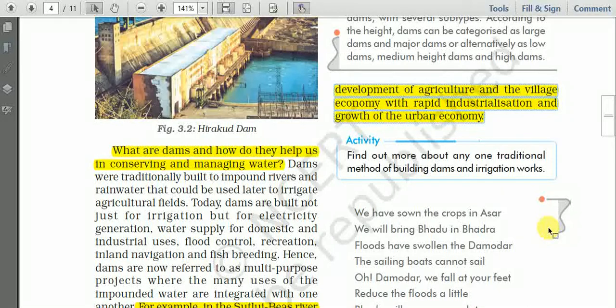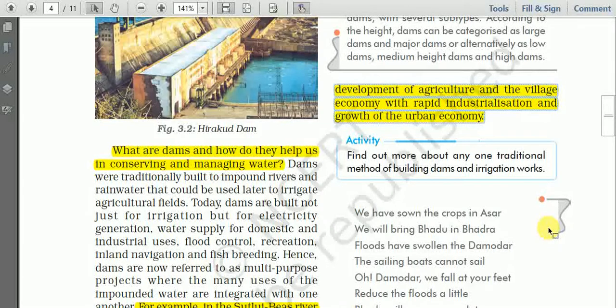As you know, dams provide water for irrigating the fields, and if there is irrigation, then the productivity will increase. When there is an increase in agricultural production, these agricultural products will be supplied as raw material for the industries located in the urban areas.